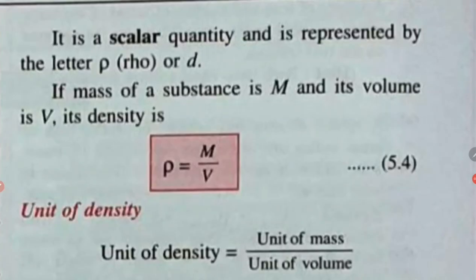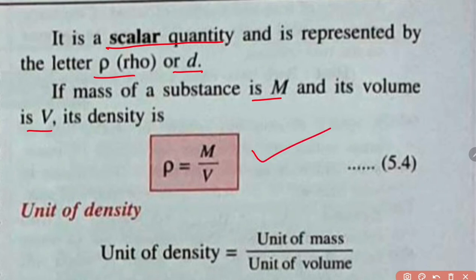Density is a scalar quantity, and it is represented by the letter rho or small d. If the mass of the substance is capital M and its volume is capital V, then its density can be written in this format. The unit of density should be the unit of mass divided by the unit of volume.